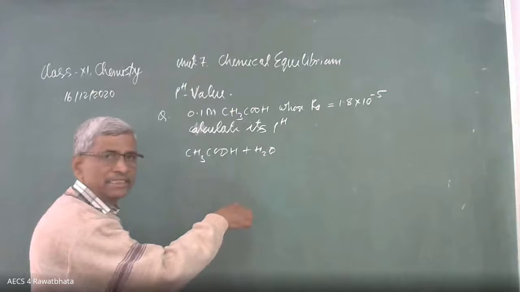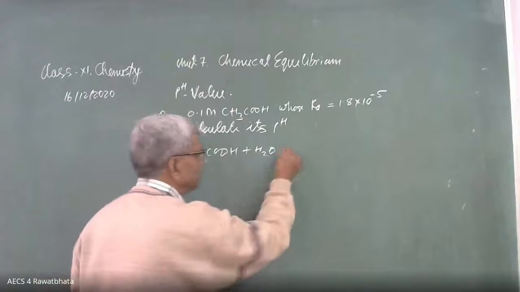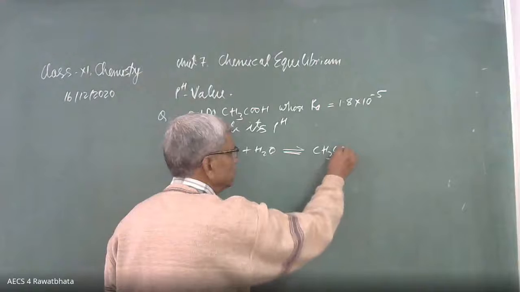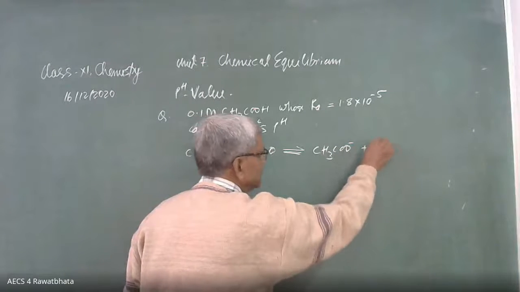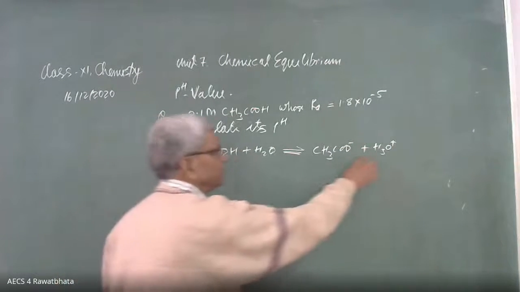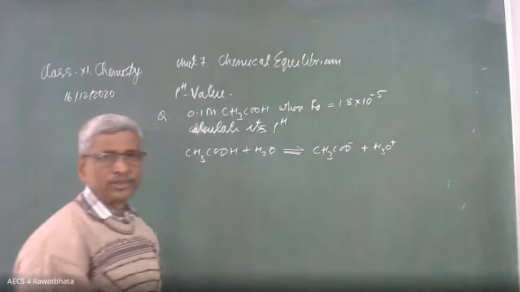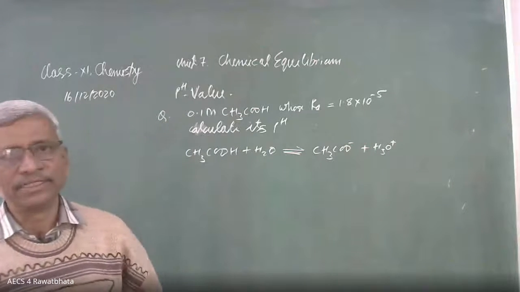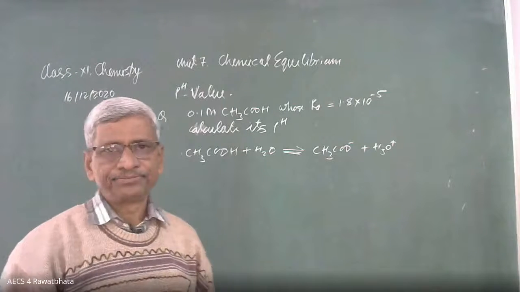H2O is not necessary. Simply we can give H positive. It gives CH3COO minus plus H3O positive. If there is no H2O, then we have to write H positive. Actually, H positive exists as H3O positive. That's why it is better if we write it.